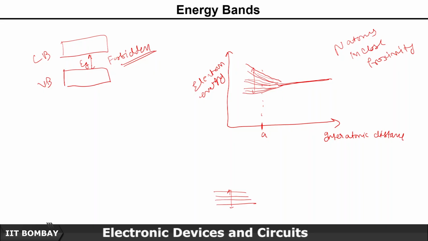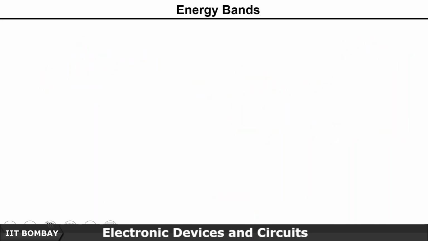That's why we call them a band, rather than discrete energy levels. Say you have n number of atoms, each with the same level. When they are brought close together, rather than n levels at the same energy, they sit at different energies, and this leads to the formation of energy bands. This is very important in semiconductors, as I said in the very beginning.